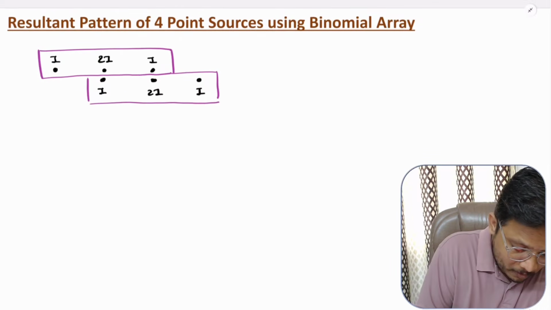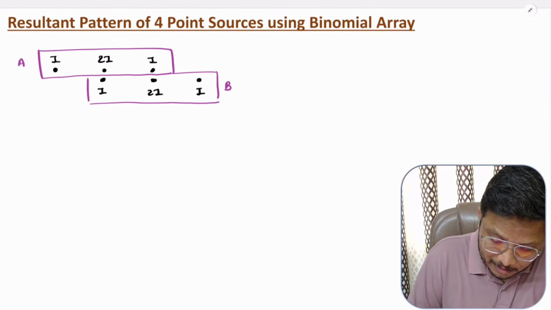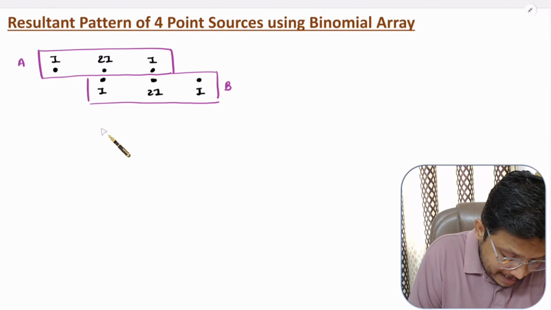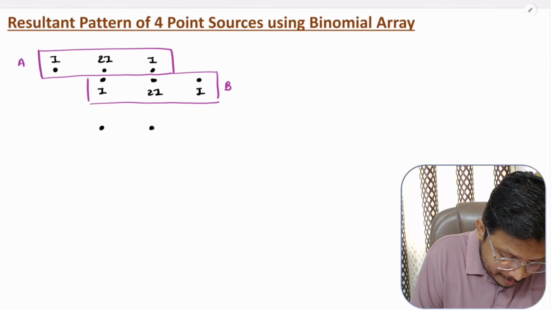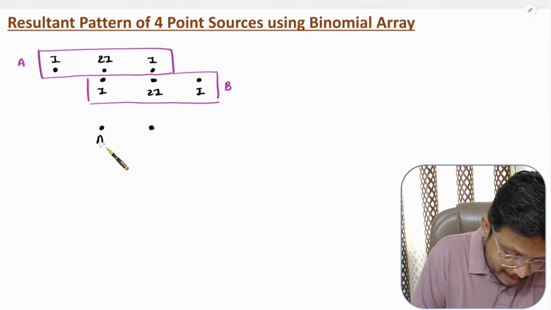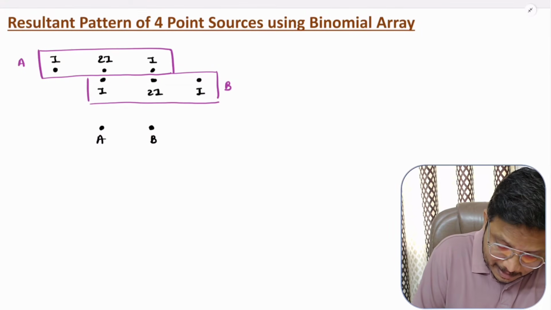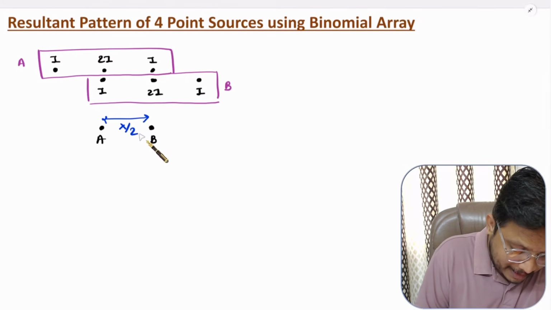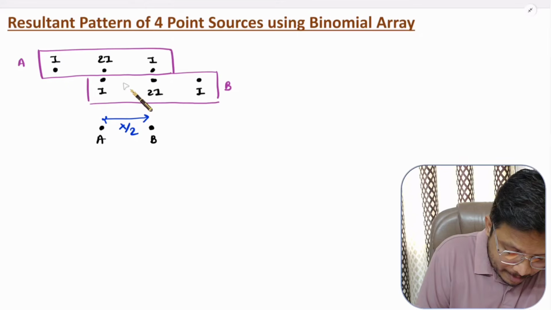But if you talk about this group A and this group B, you see the middle of group A is somewhere over here, and the middle of group B is somewhere over here. So this is A and this is B, and the spacing between A and B is lambda by 2 only, as with these elements the spacing is lambda by 2.